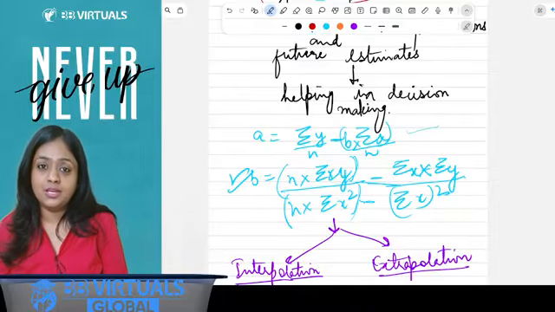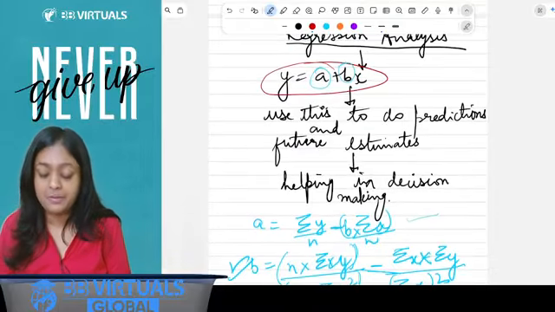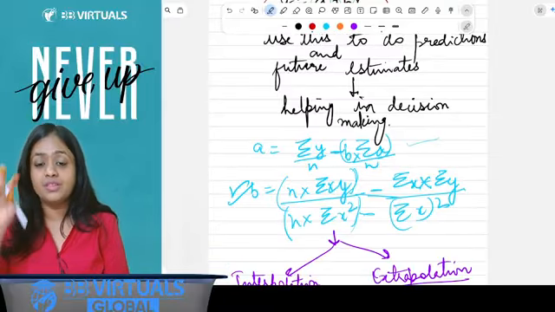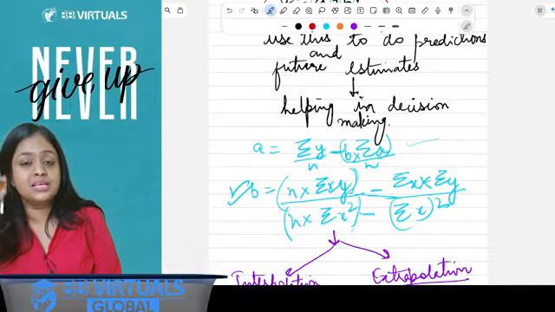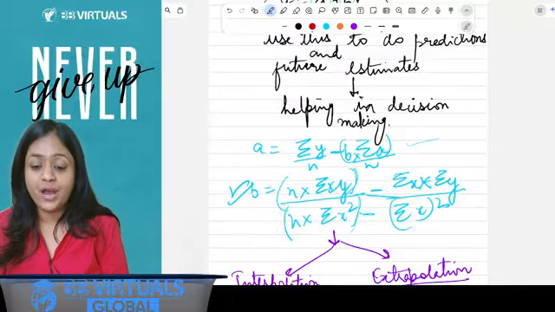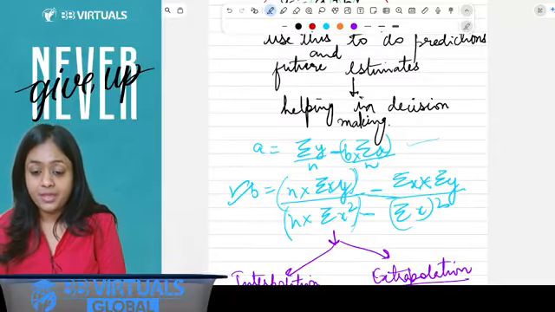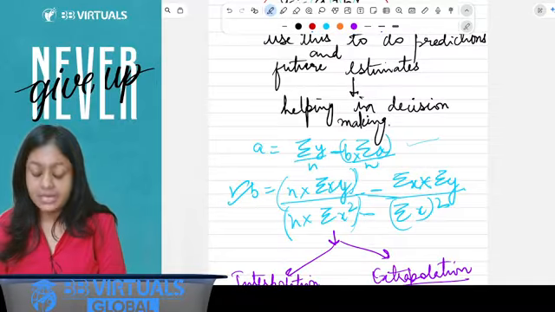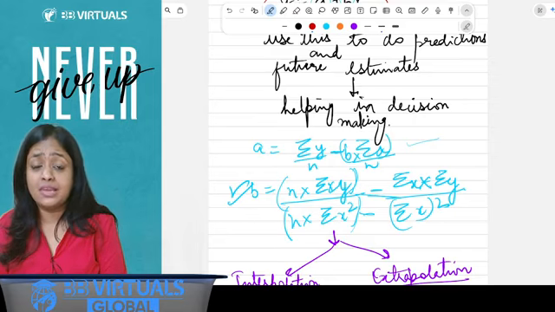Now, what are the formulas? In this equation, a plus bx, I need to calculate a. When there are two variables x and y, a is sum of y by n less b multiplied by sum of x by n.